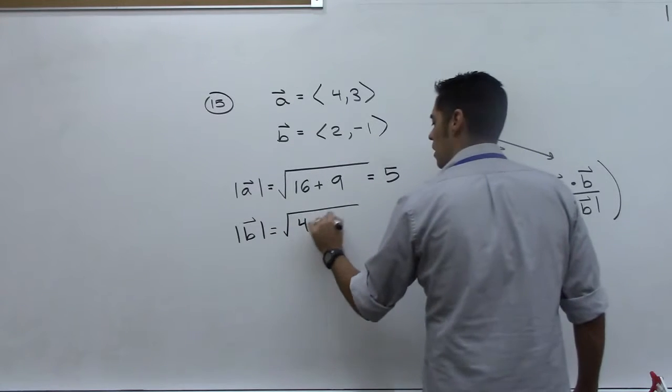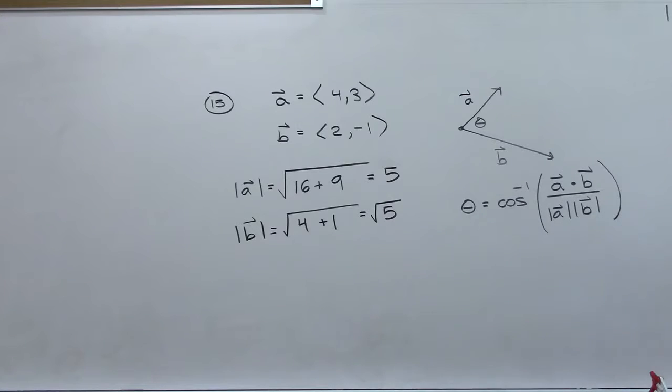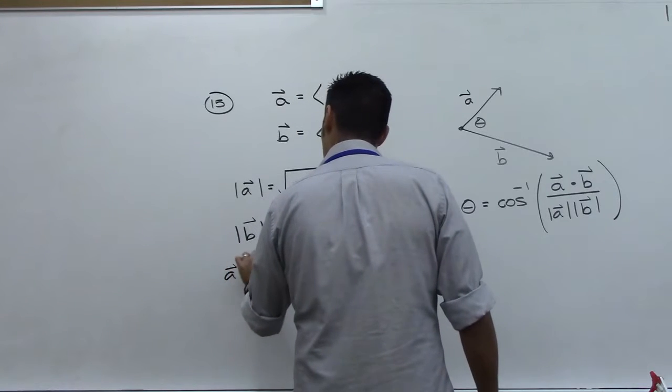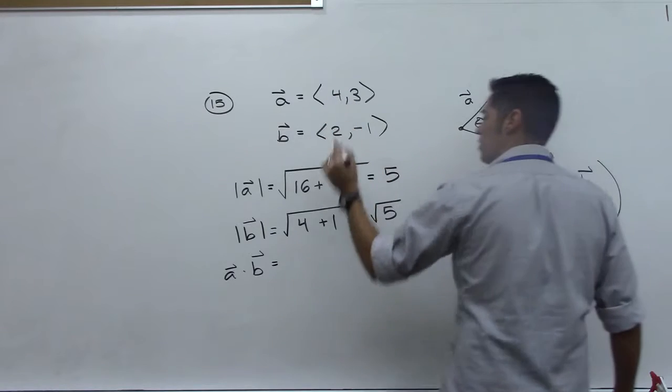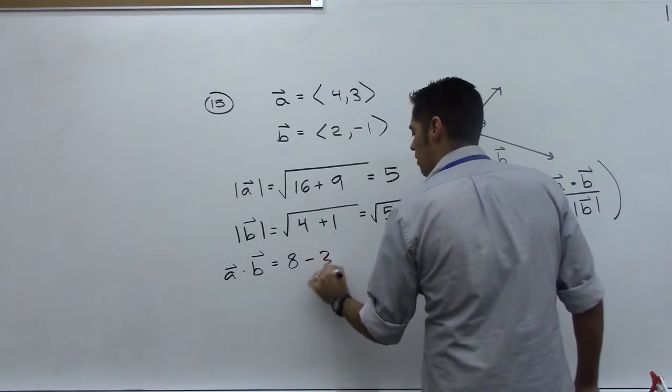Negative 1 squared is 1, so root 5. And let's figure out what A dot B is. So multiply the components. 4 times 2 is 8. Add to that this, but that's negative 3, so subtract 3, we get 5.